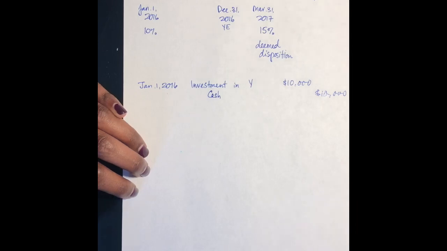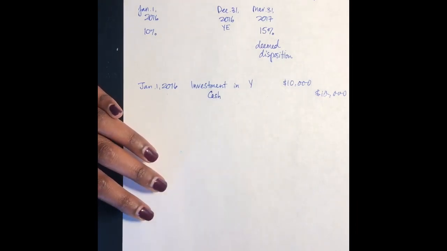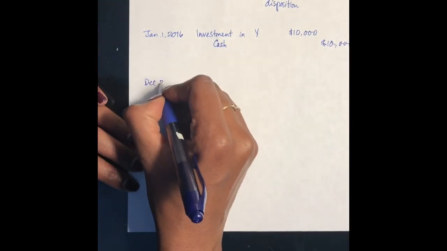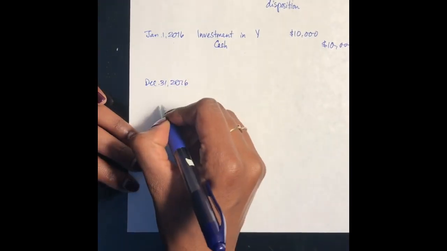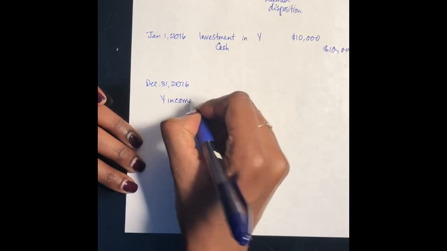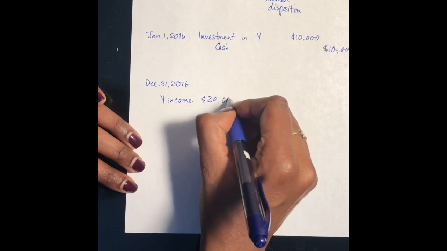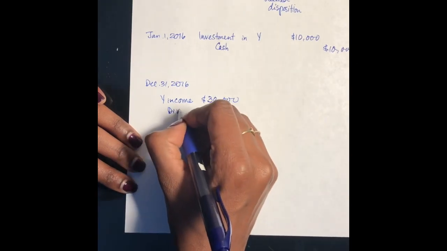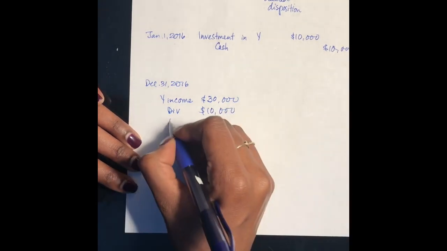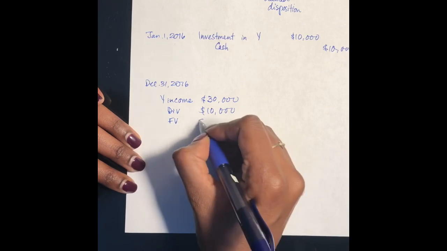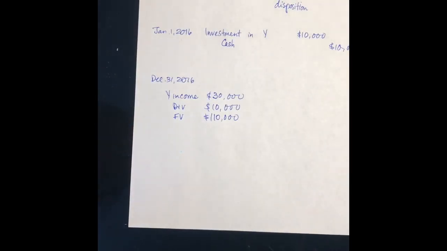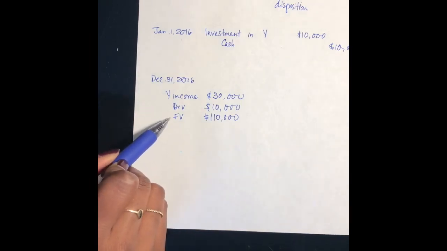Then at the year end, at December 31st, 2016, they're telling you that Y has income of 30,000, pays dividends of 10,000, and has a fair value of 110,000. Now what you need to use is the dividend and the fair value.